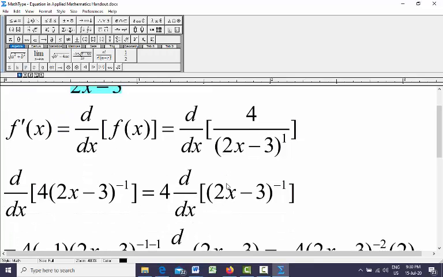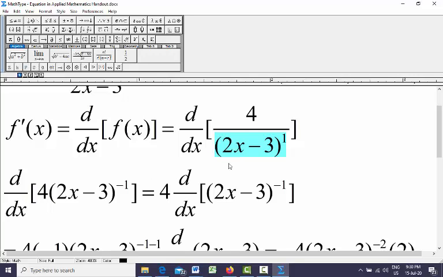As I said in my last class, if you have the variable in the denominator, to process it, you need to lift it up. That means you need to move it up.